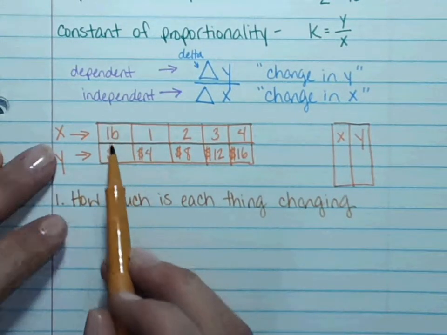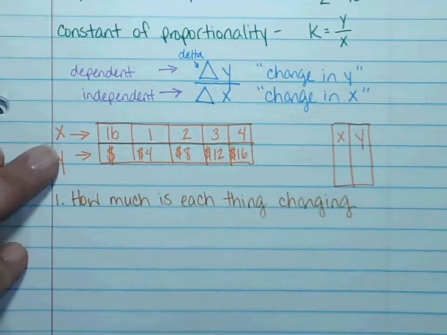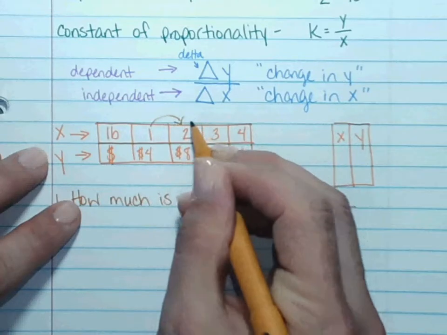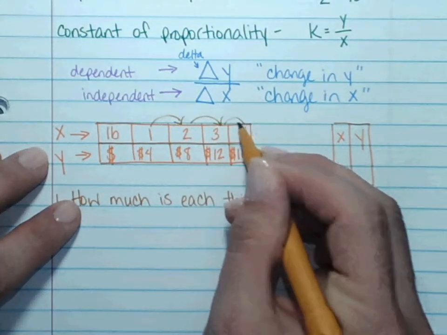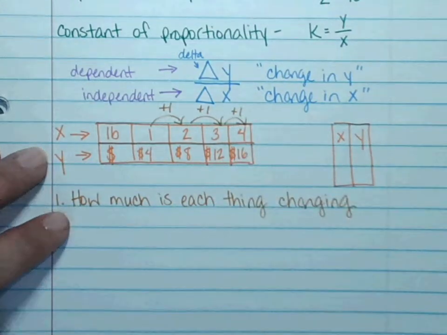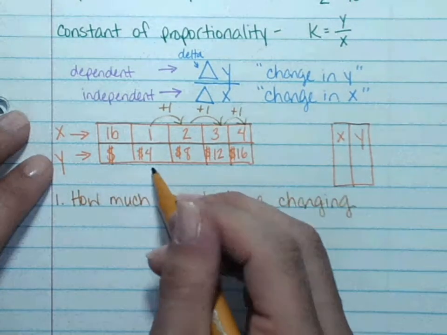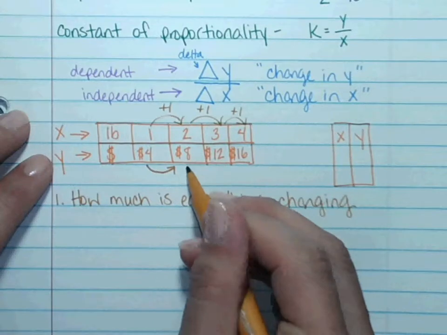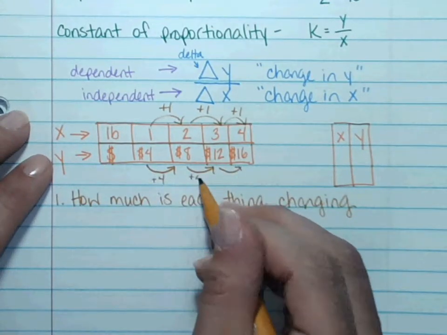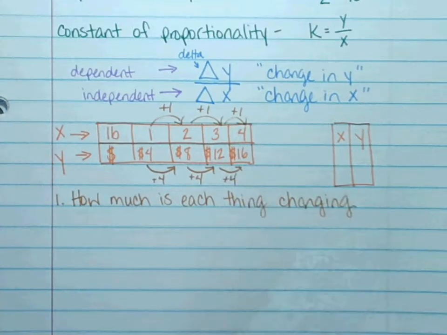So my pounds were going up how much each time? 1. So 1 plus 1 plus 1. And then my y is changing how much each time? 4. Plus 4 plus 4 plus 4. That's all you have to do. If you can get that part, you're halfway there.